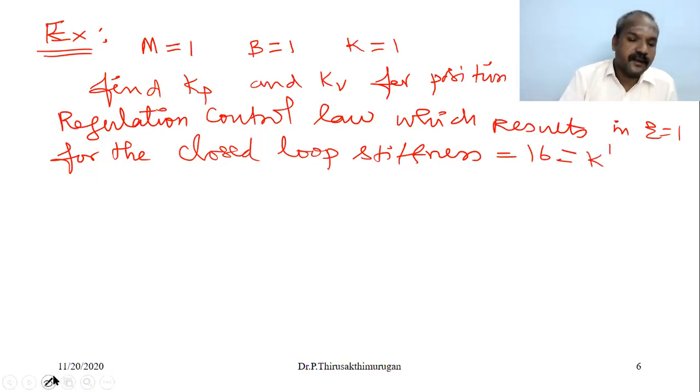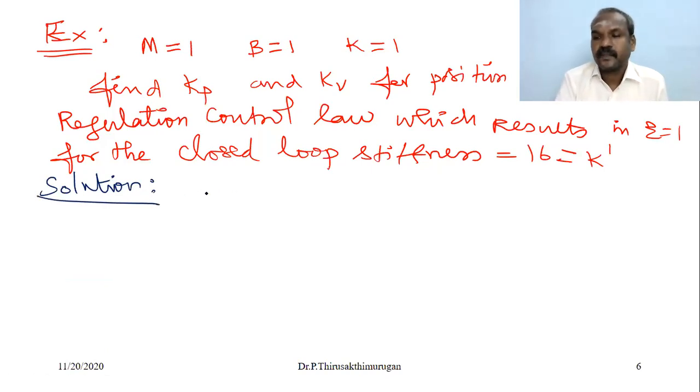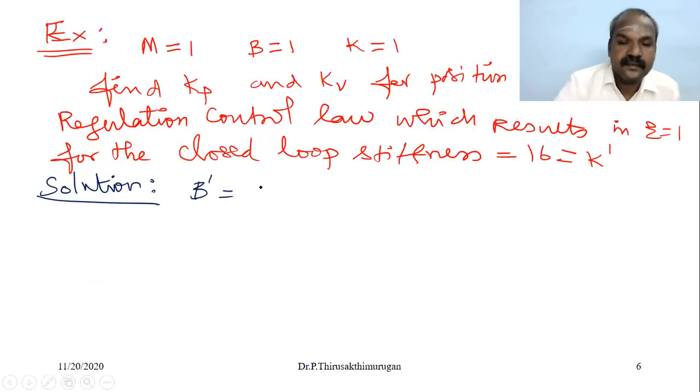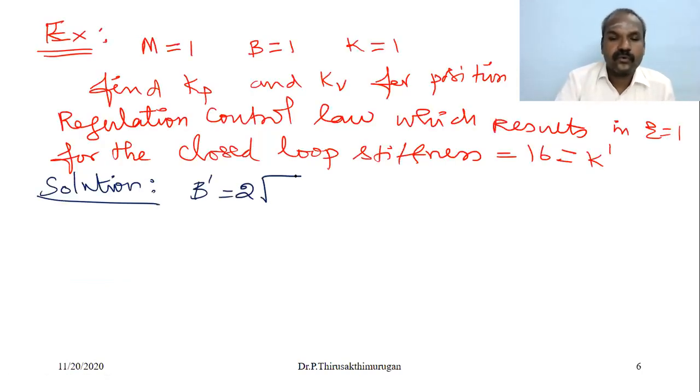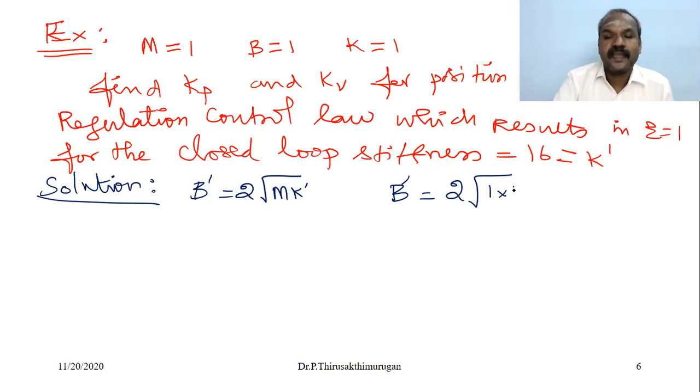So what will be the solution? We know b dash for critical damping is 2 root m k dash. k dash is given, so we can find b dash. b dash equals 2 root of m is 1, k dash is 16.